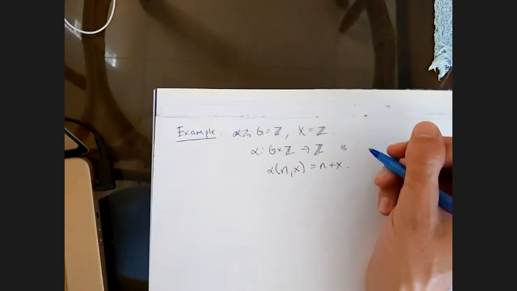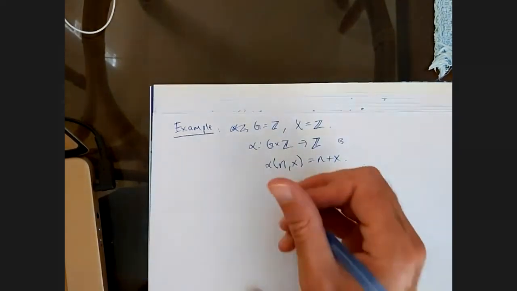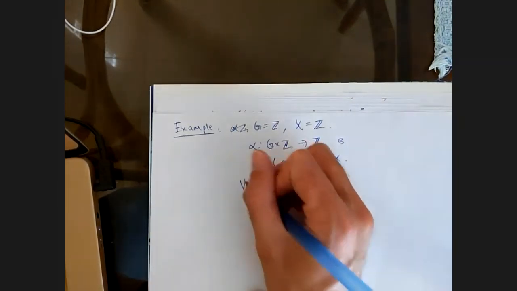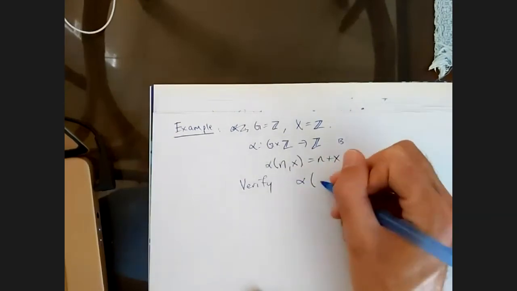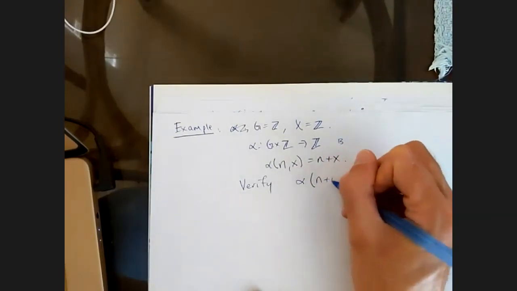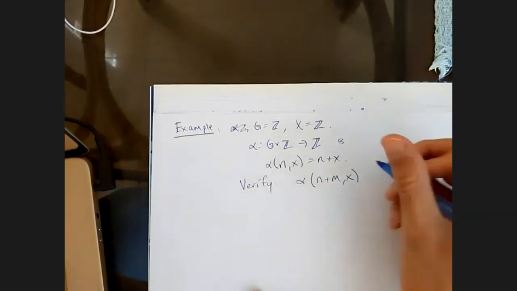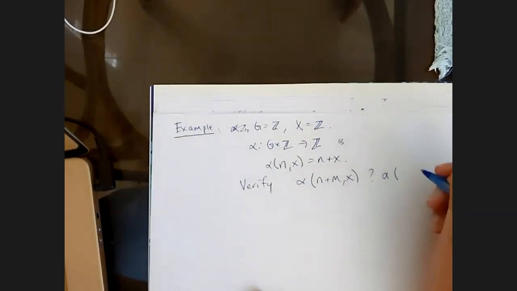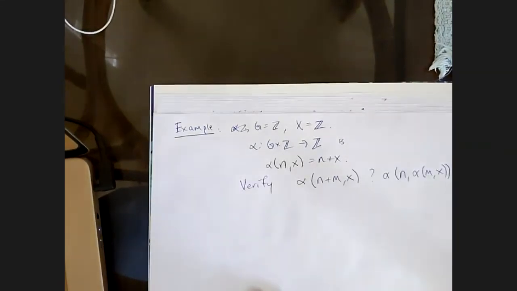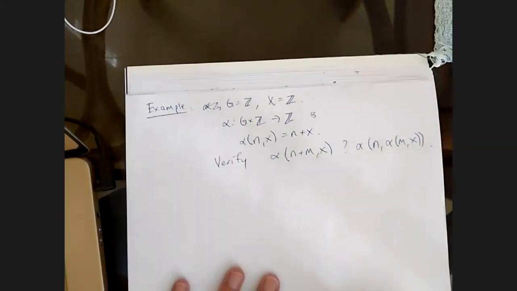And then the two properties of being a group action that we have to verify. We have to verify that if I do N plus M, that is the same thing as alpha N alpha M X in order to have a group action.